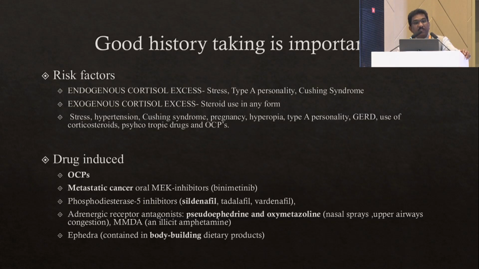So a good history taking is important because we can identify the risk factors for this patient, and a drug history. Even oral contraceptive pills can cause CSR, various drugs used for cancer can cause CSR, and commonly used drugs like sildenafil can also cause CSR. So a good history taking is important.